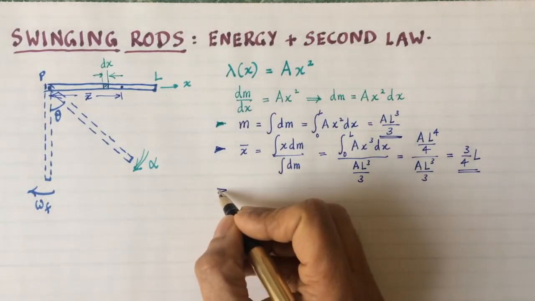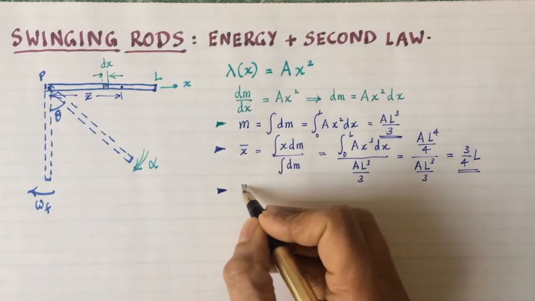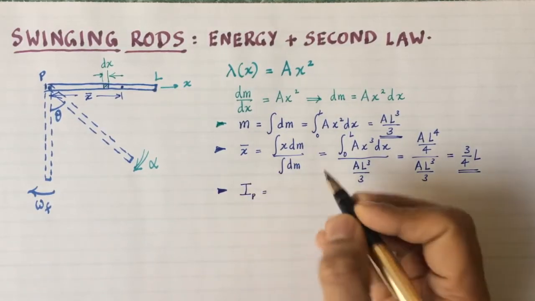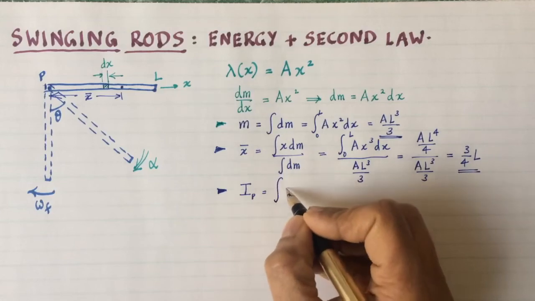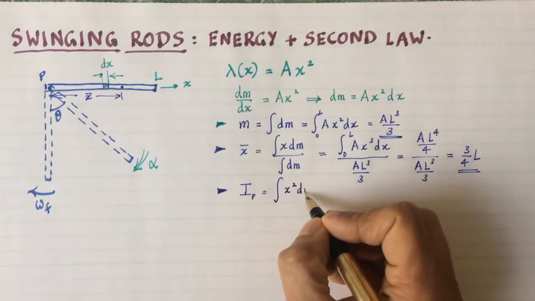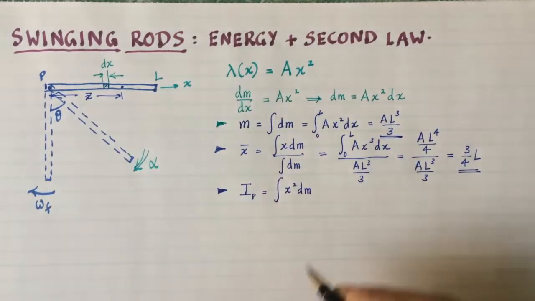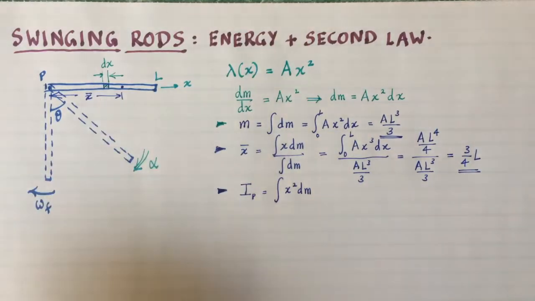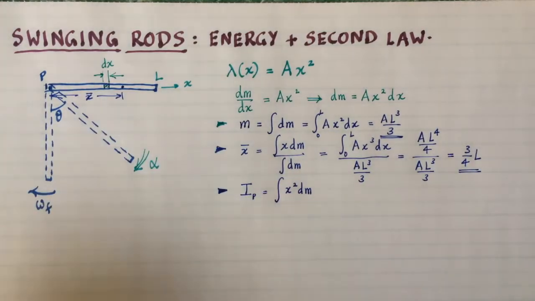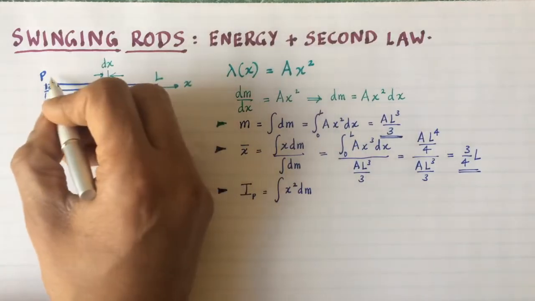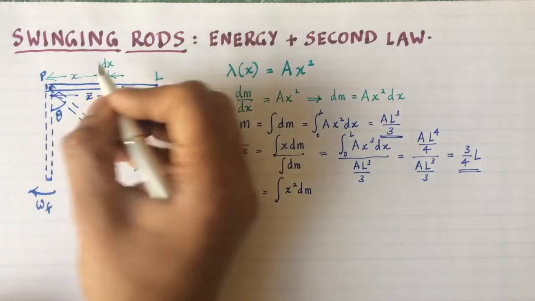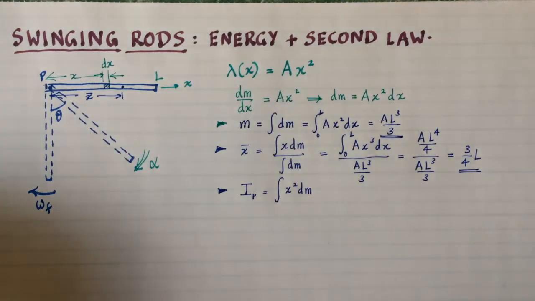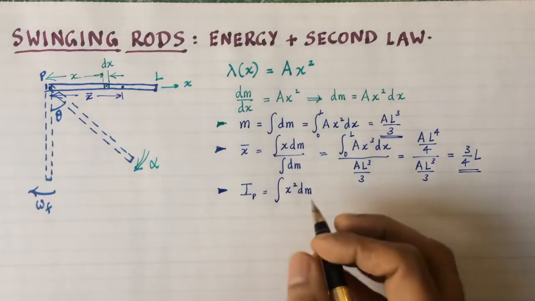And the last thing we can find is the moment of inertia about the pivot point P. Well, that by definition is the integral of x squared dm. It's r squared dm, where r is equal to x in this case. X would be this coordinate here, where the mass element dm is currently located.